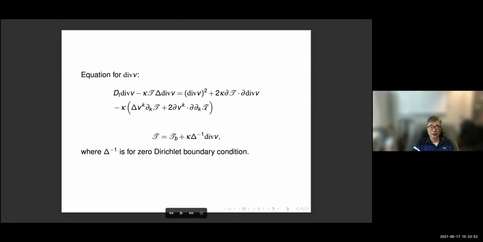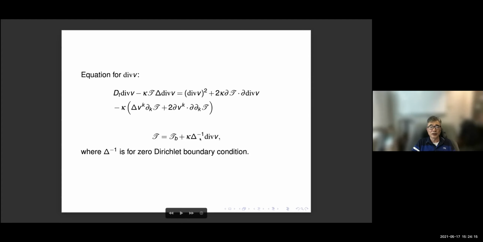For example, here you have temperature and also the Laplacian of v. And the coefficient here also has temperature, but temperature is determined by the divergence v non-locally.